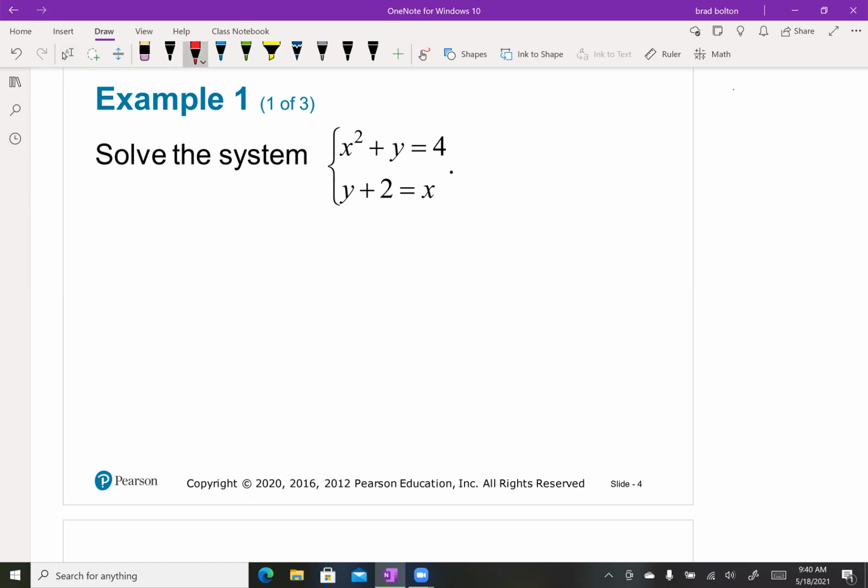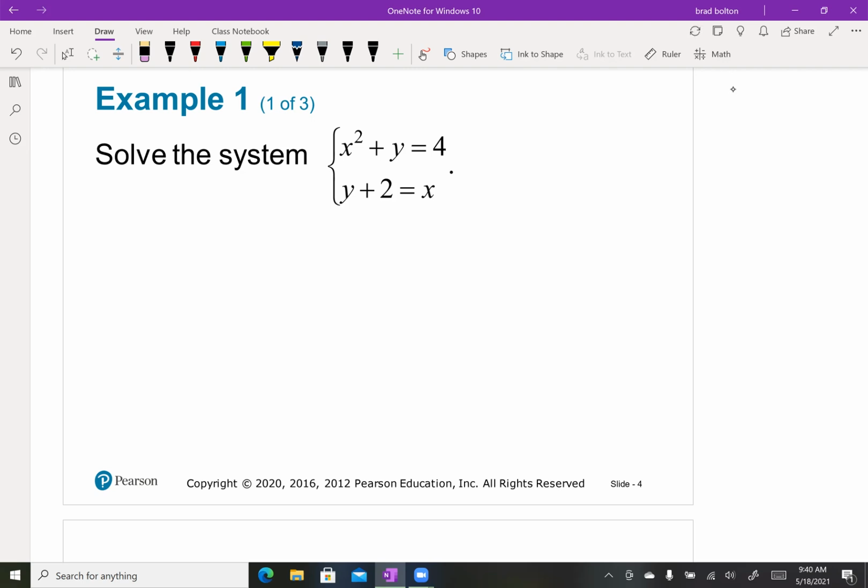In this particular problem, remember in previous cases, if you had y equals 2x plus 3, and you had y equals 7x minus 4, and this was your system, what you could do is you could take and put 7x minus 4 in place of y. So you take one equation and you substitute it into the other one. So we're going to use similar thinking to that for this particular problem.